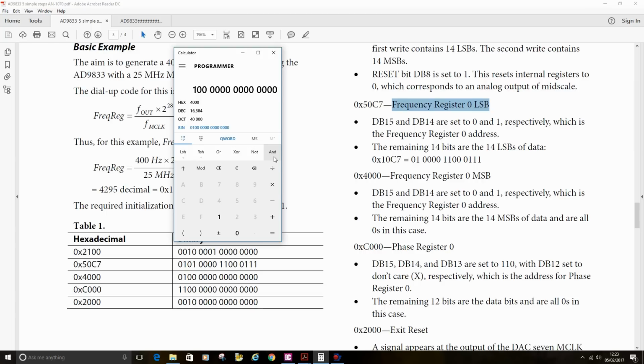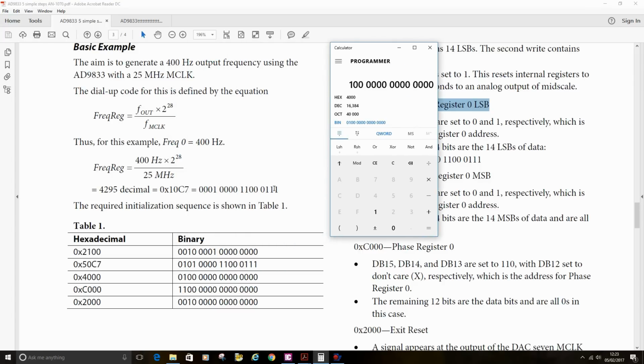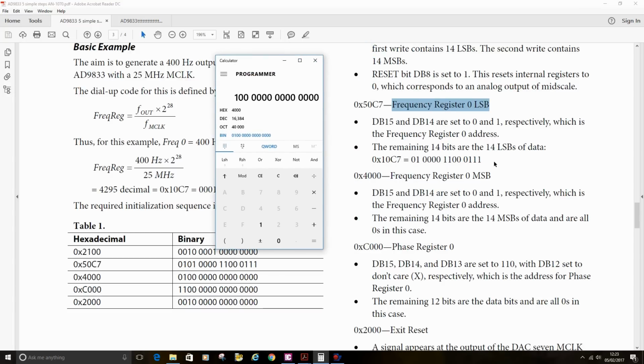And because it's only 400 Hertz, makes it easy. We've only got 1 register to deal with, not the second most significant byte. So we've got to OR this with this number down here. And this is 16 bits long, so knock off 2 zeros, which he's done already over here. So we've got to keep this bit 14 as a 1.